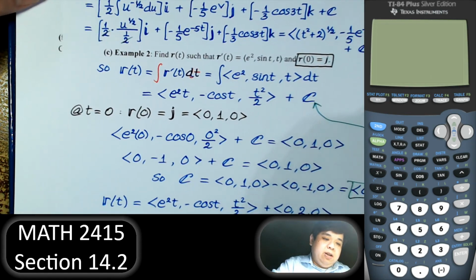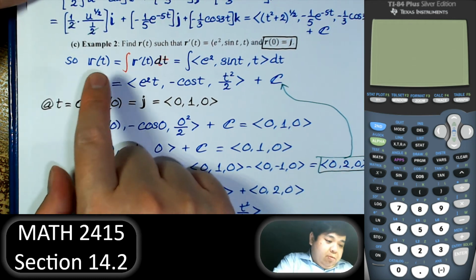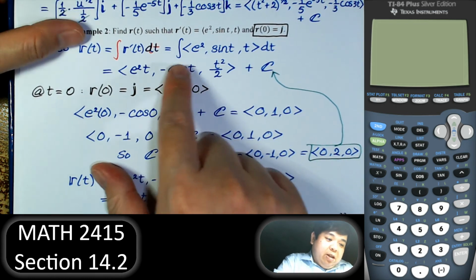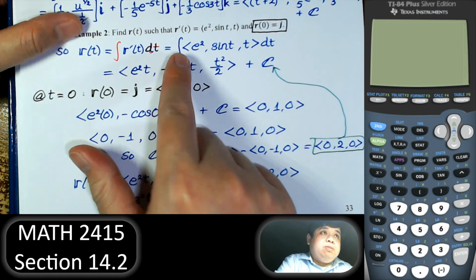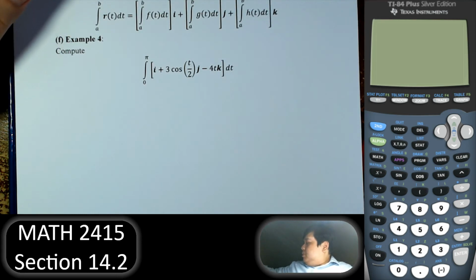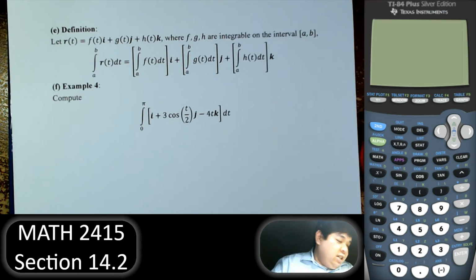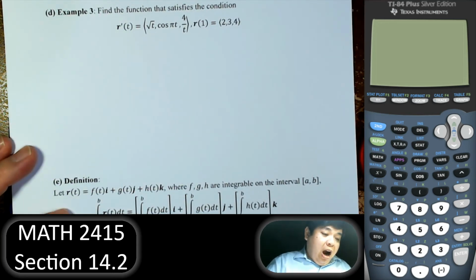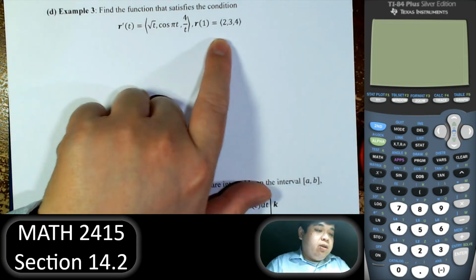So if we are given the derivative, we integrate to get an antiderivative plus c, and then we solve for c. Find a function that satisfies this condition.